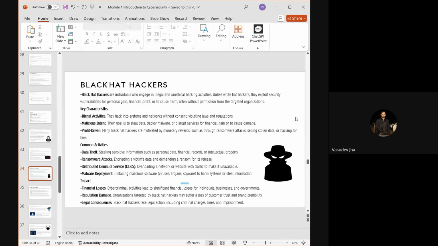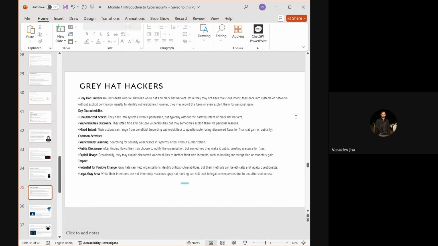Then black hat attackers are basically skilled people, but they have bad intentions. Key characteristics are illegal activity, malicious intention, and profit driven. Then the gray hat. They are individuals who fall between white hat and black hat attackers.